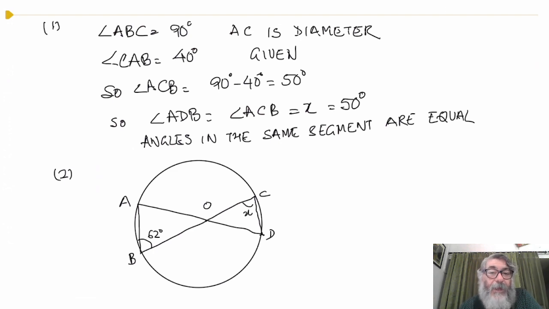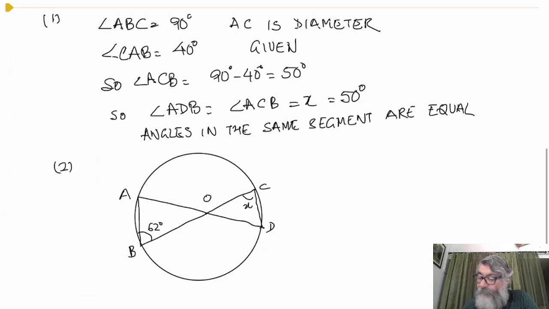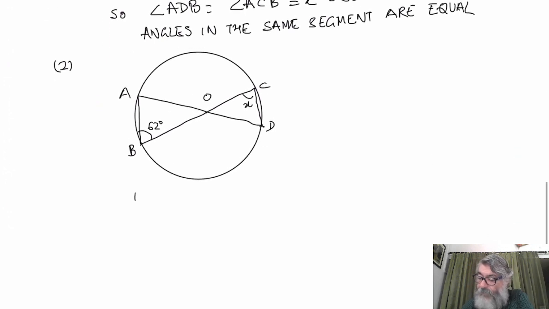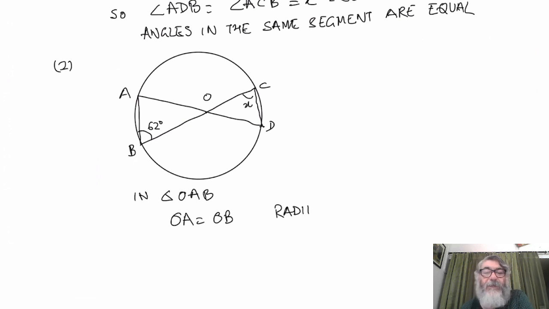If he has given you O to be the center, then we will apply that OA is equal to OB in triangle OAB. We will say OA is equal to OB, radii. Plural of radius is radii. So OA is equal to OB because O is the center of the circle.